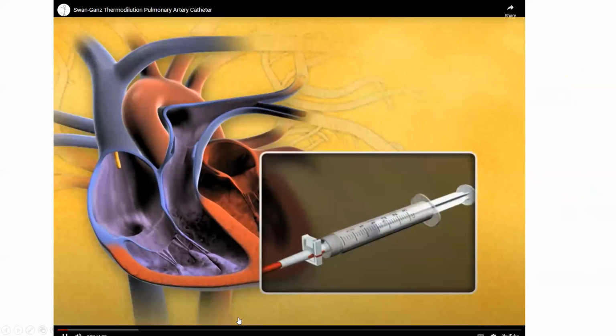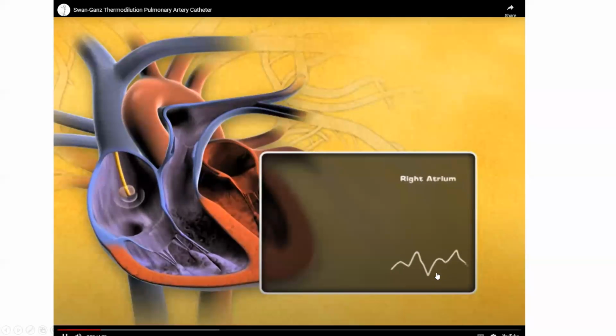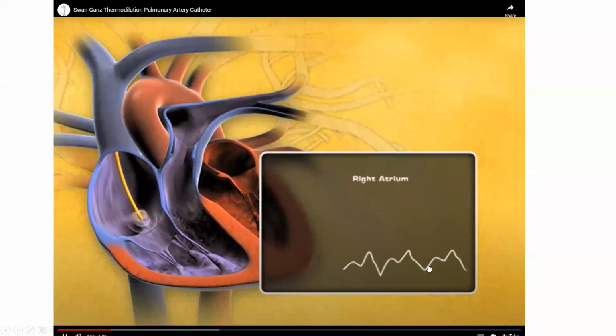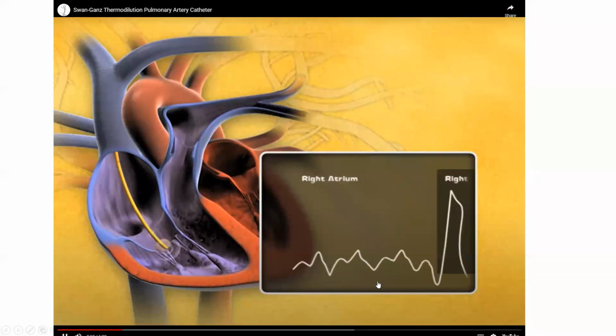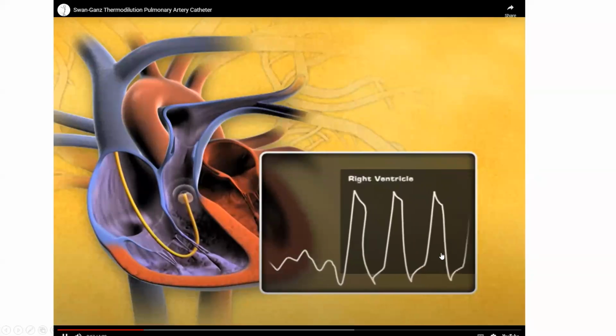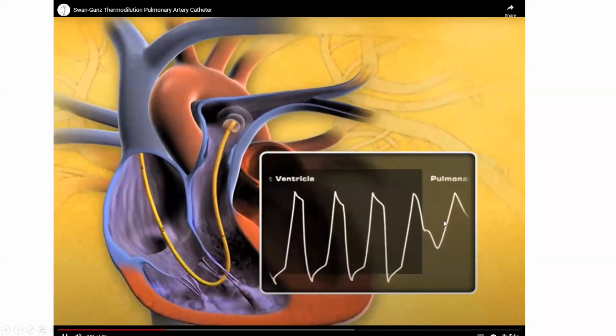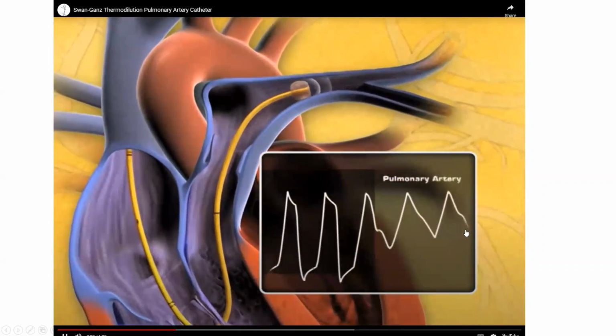This is the right atrium. Notice the pressures that are going to be noted in the monitor. This is the CVP or right atrial pressures. Then we have right ventricular pressures right over here. And as it migrates into the pulmonary artery, the pressure changes again.